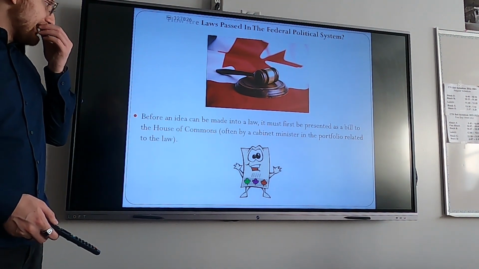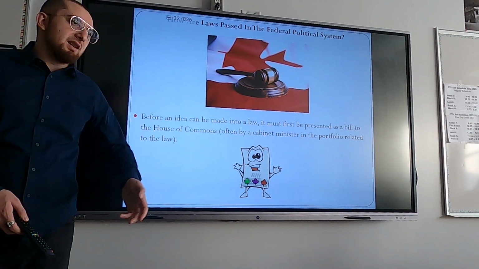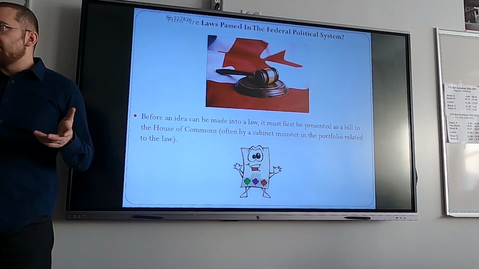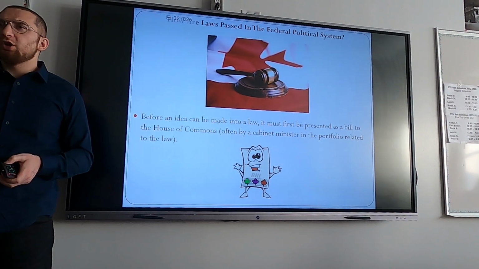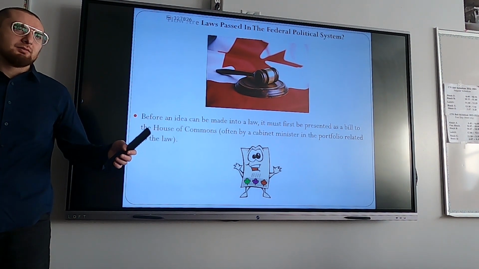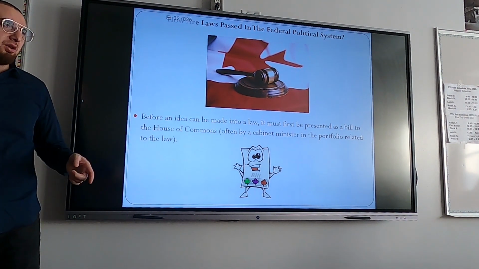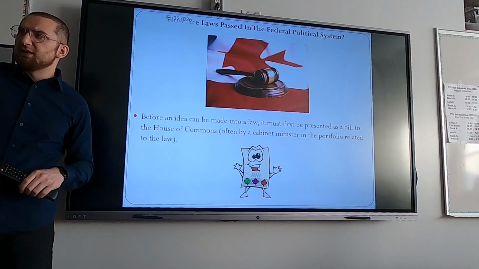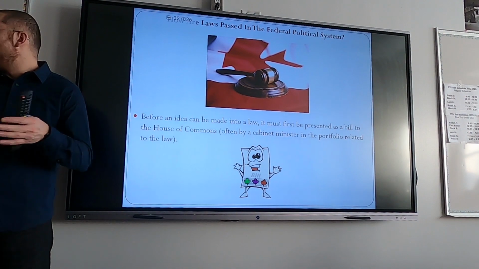The first thing that is done is somebody has an idea. At some point, somebody had the idea that smoking shouldn't be allowed indoors. So they presented it as a bill. They wrote their idea down formally and presented it to the government: we should not have smoking indoors.